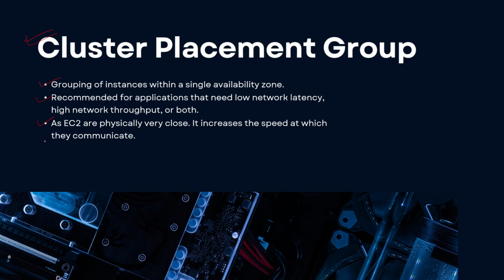And finally, as the EC2 instances are physically very close, it increases the speed at which they communicate. So, if you have 10 virtual machines or EC2 instances deployed in a single availability zone, they will be physically very close to each other, so any communication within these 10 EC2 instances will be quite fast.